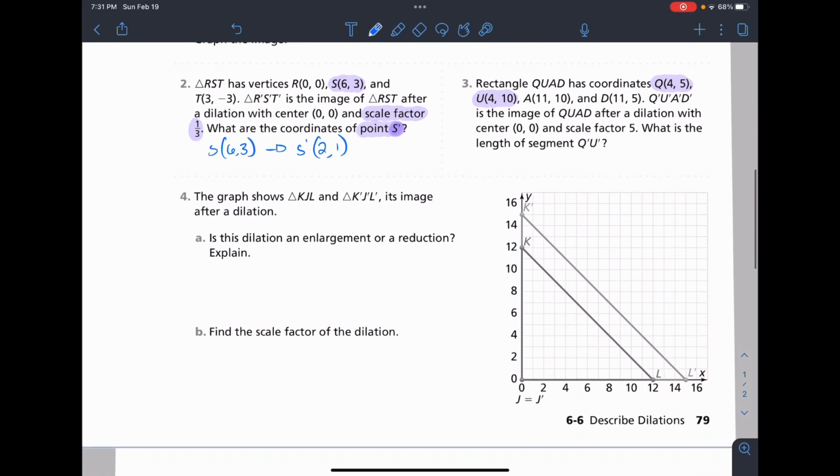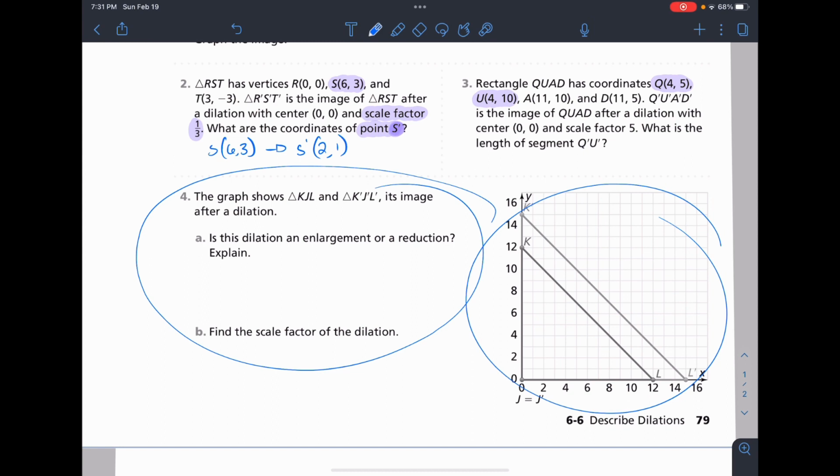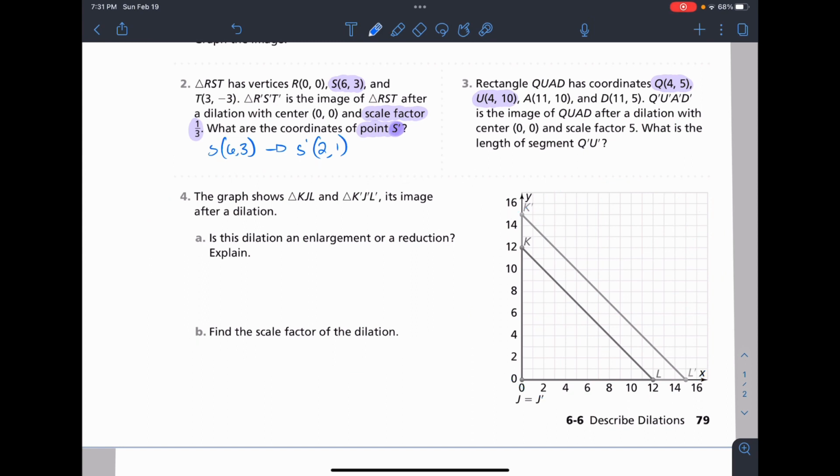So let's use this graph right below it, which obviously I know goes with number 4. However, we are just going to use it and chart it down here. So we're at 4, 5 for Q, and then U is at 4, 10. So ignore the other lines that are on here. We're just using this as a reference.